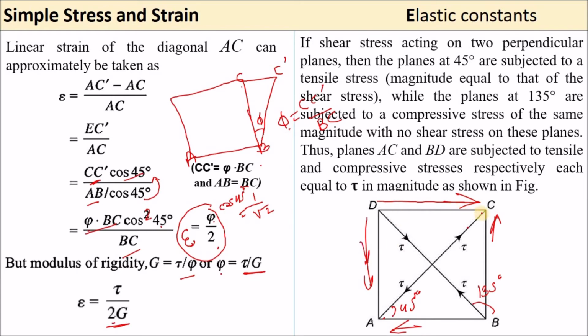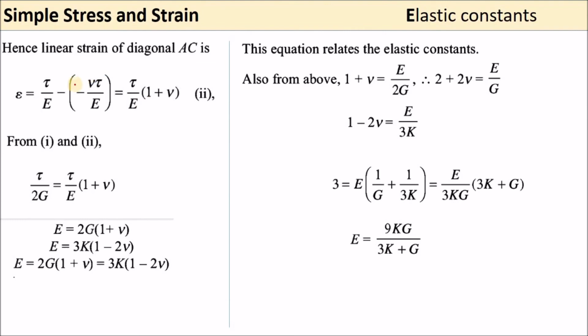So it will be compressive, this will be tensile, and the amount of tensile and compressive force will be tau only, same as shear stress. Same thing we will use here.